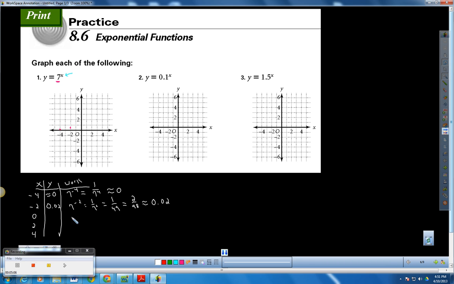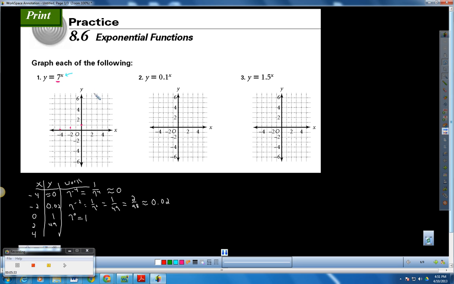At 0, boy, finally, an easier one. 7 to the 0 power. We know that any number raised to a power of 0 is 1. Makes things a little bit easier on us. And then we have 7 squared. 7 squared, we know, is 49.